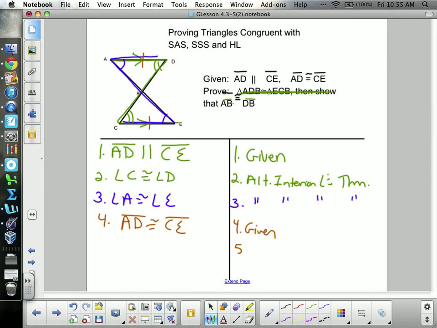Angle side angle is my shortcut to show that, now we got to get it in the right order, triangle ADE is congruent to triangle. Now A went with E, and D went with C.